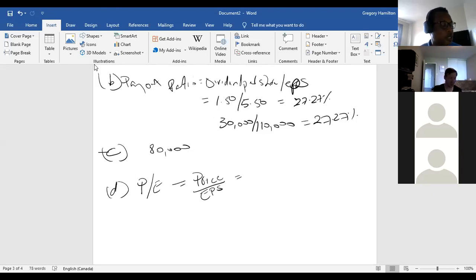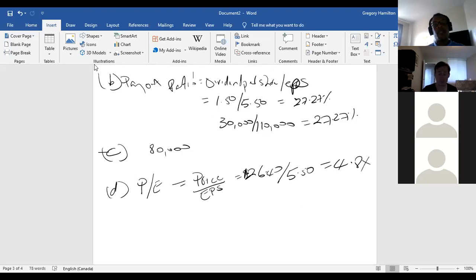In our case, it would be $26.40 over $5.50, which represents 4.8 times. So in other words, the stock is trading at 4.8 times its earnings per share.